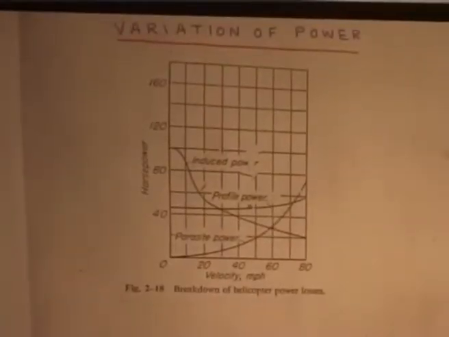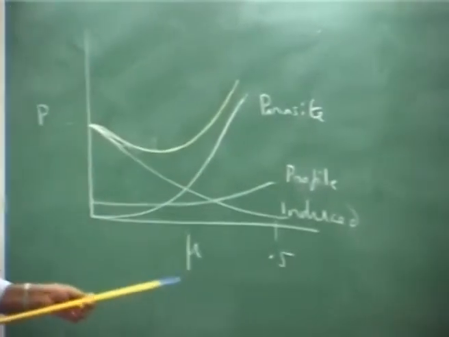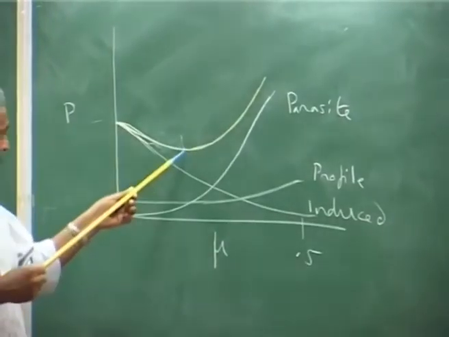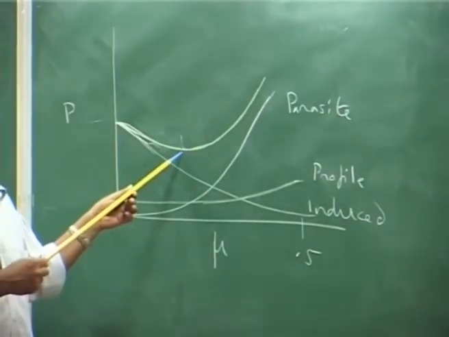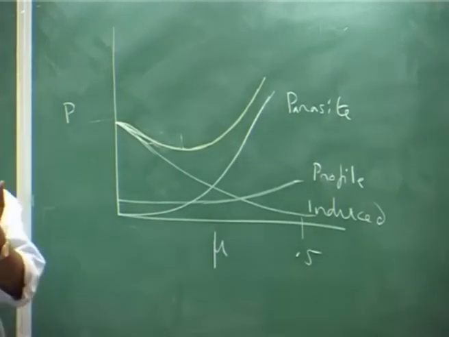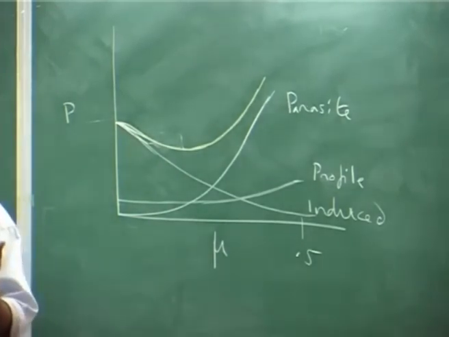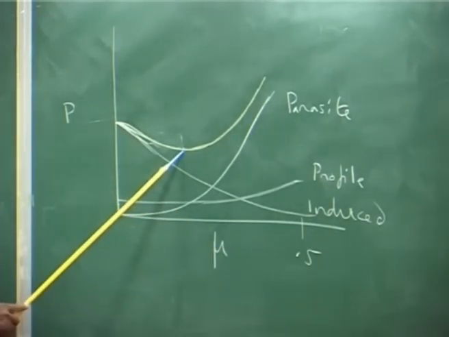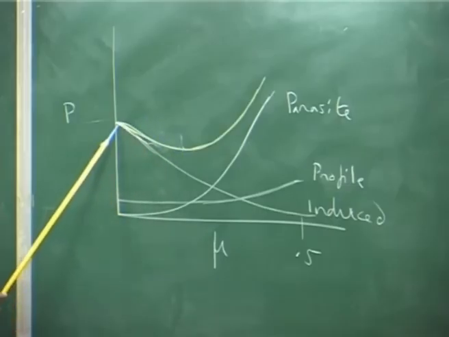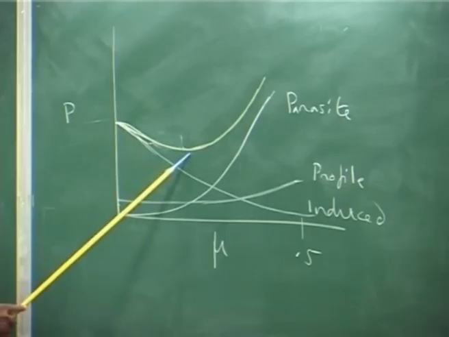Let us just describe a few features of the power curve. That means, you see, you fly at low power somewhere here. Power required to fly the helicopter is minimum at some forward speed, but however hover requires more power. And as you go to forward speed, the power actually decreases.